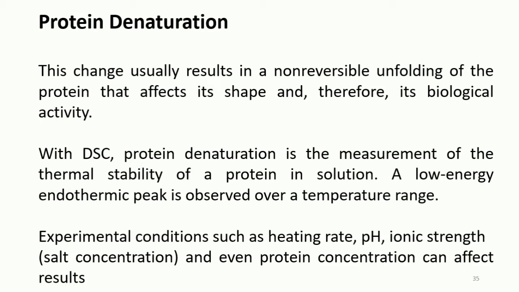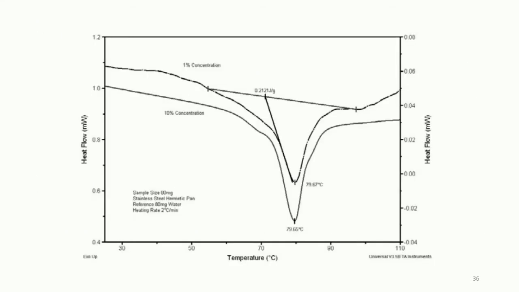In order to minimize the opportunity for aggregation of protein, most measurements are performed at relatively low concentration. A relatively low concentration means 1% or 10 mg in 1 ml of the solution.